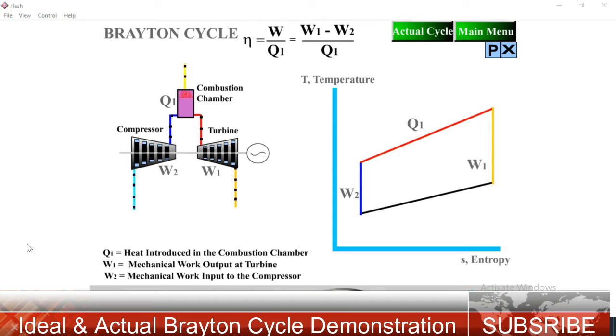Ambient air enters the compressor at state 1, and later returns to the surroundings at state 4, with a temperature higher than the ambient temperature.